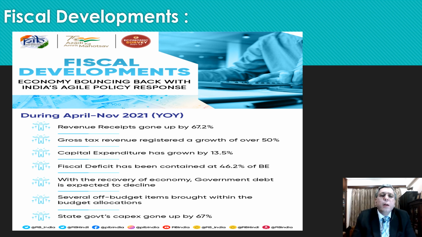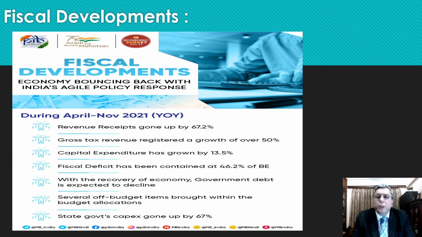Revenue receipts have gone up by 67% this year. The tax, both on the indirect tax as well as the direct tax for individuals and corporates, despite the huge tax cut in corporates, because of the robust growth in the economy as such, we have seen revenue receipts going up much higher than target.